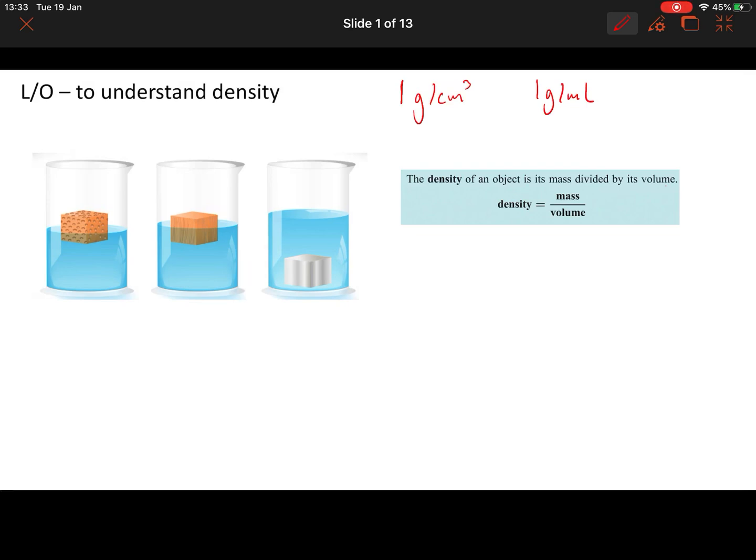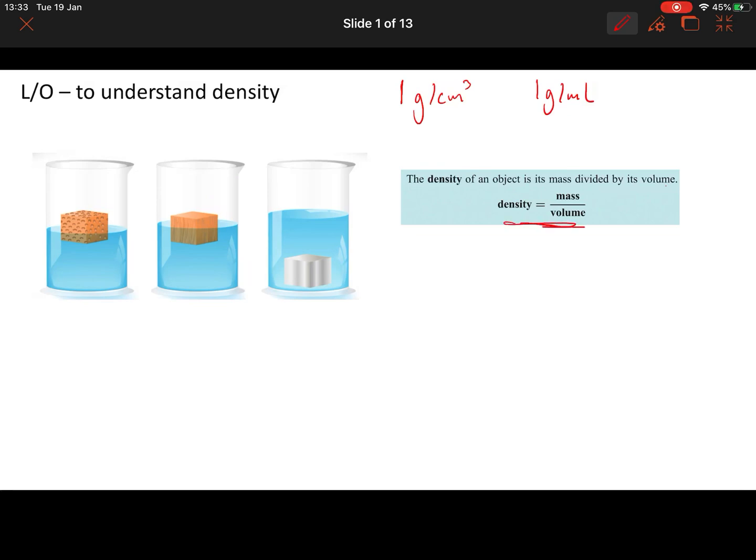A gram is defined as the weight of water in 1 centimetre cubed. So that is the very definition of a gram. So objects that have a density higher than 1 gram per centimetre cubed will sink in water, and objects that have a density of less than 1 gram per centimetre cubed will float in water.